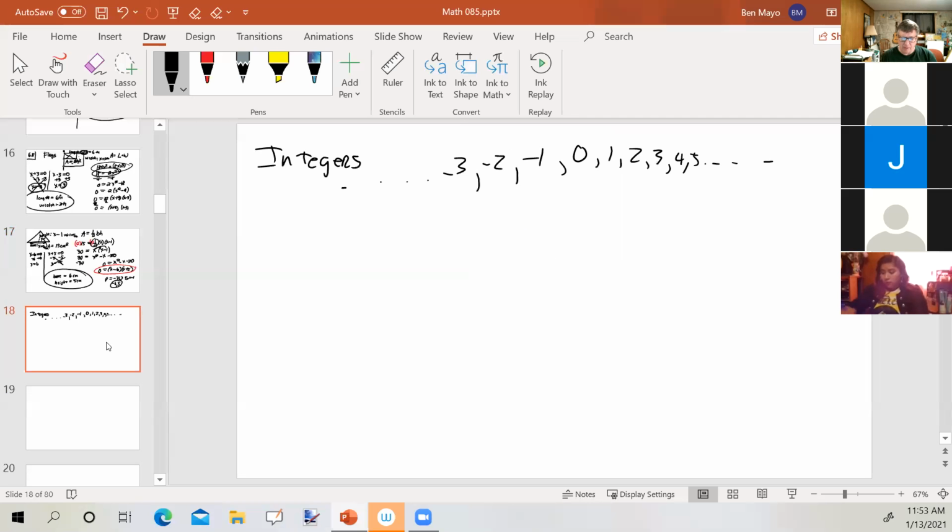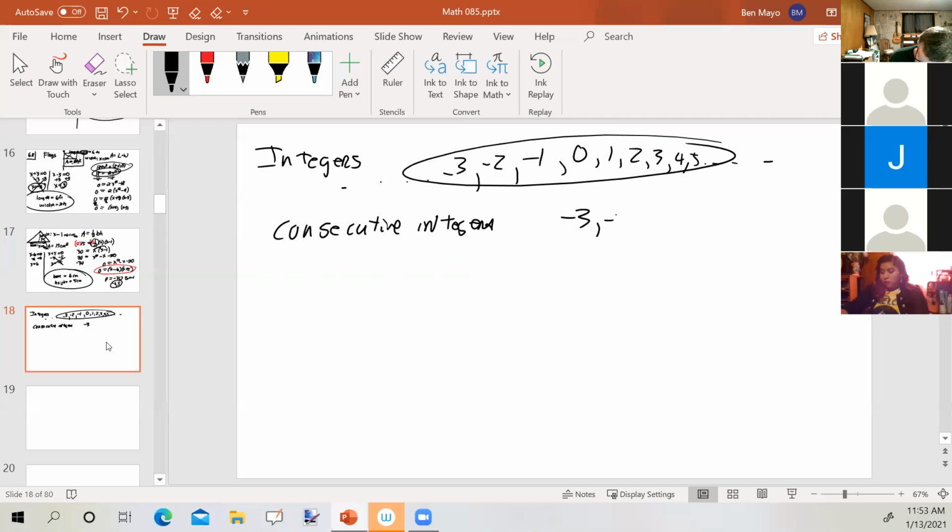All right? Now, consecutive integers. Would be like, well, in fact, this is consecutive integers. Consecutive integers go up by 1. So let's say we had 2 consecutive integers.